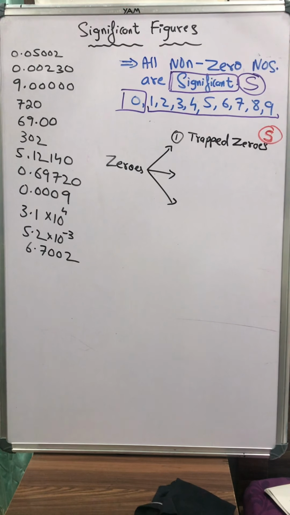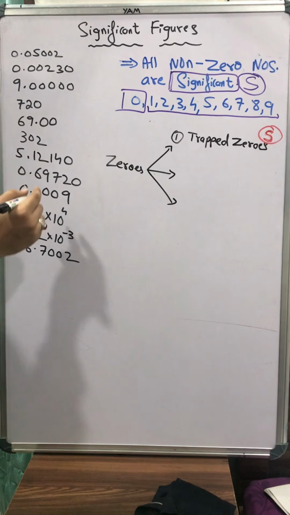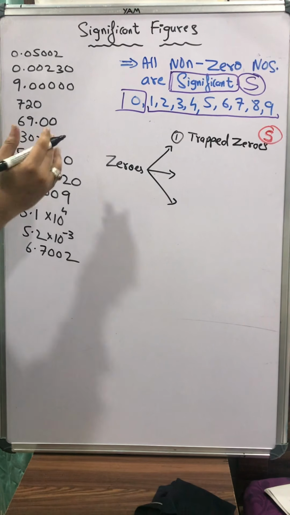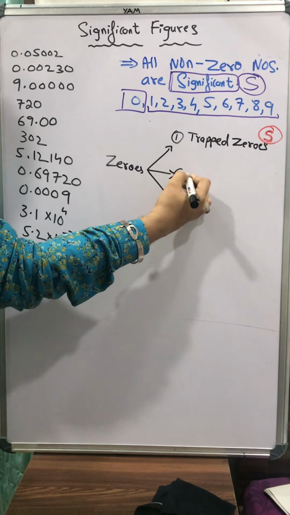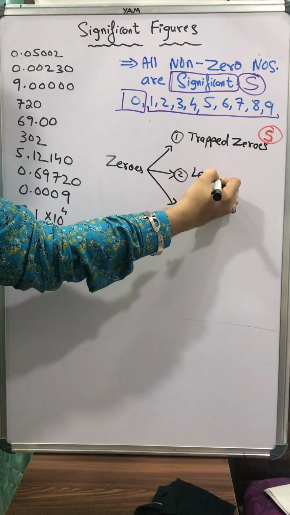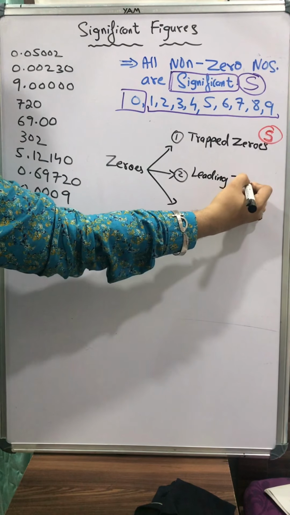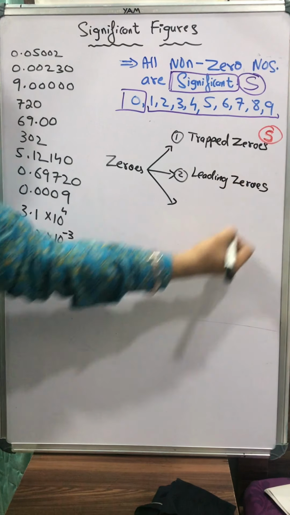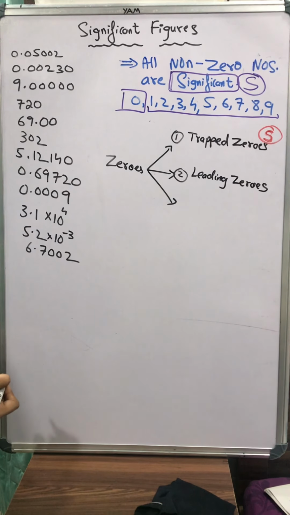Okay. Next, there can be the case, students, that we have, for example, leading zeros. Zeros can come at the leading position. Leading zeros. Now the example for leading zeros is, students, over here.